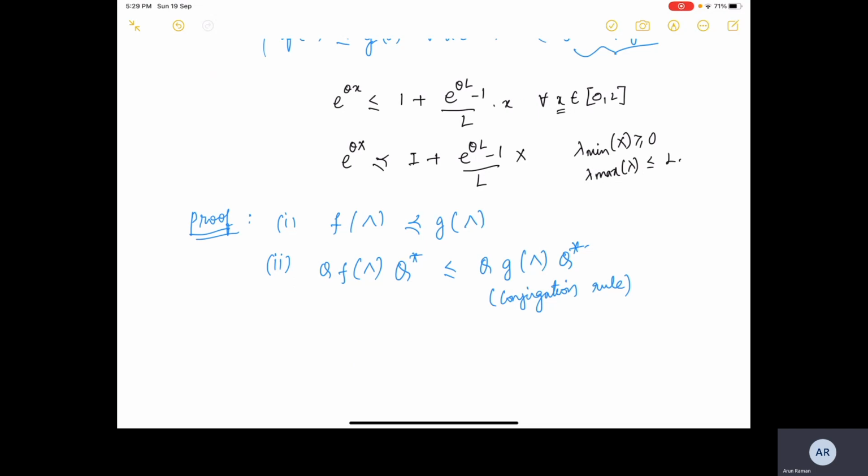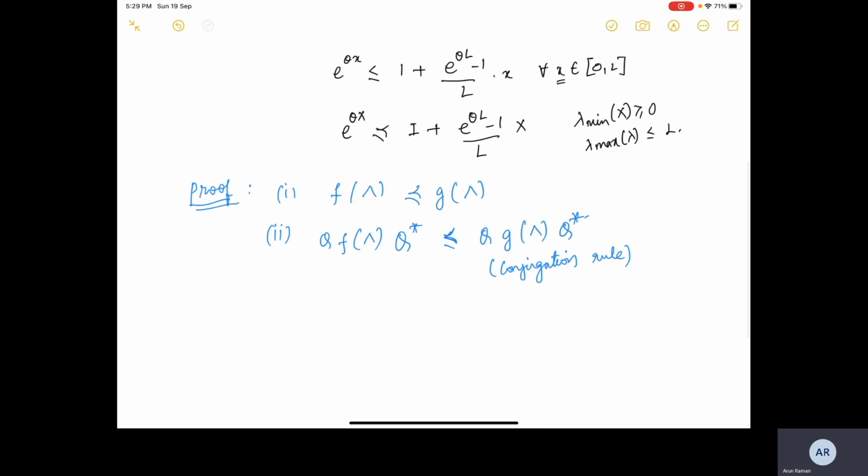This needs proof that if f of capital lambda in the semi-definite order is less than g of capital lambda, then multiplying it on both sides by unitary or orthogonal matrices does not change the order. Okay, that it is monotonic. So I encourage you to work on this proof.